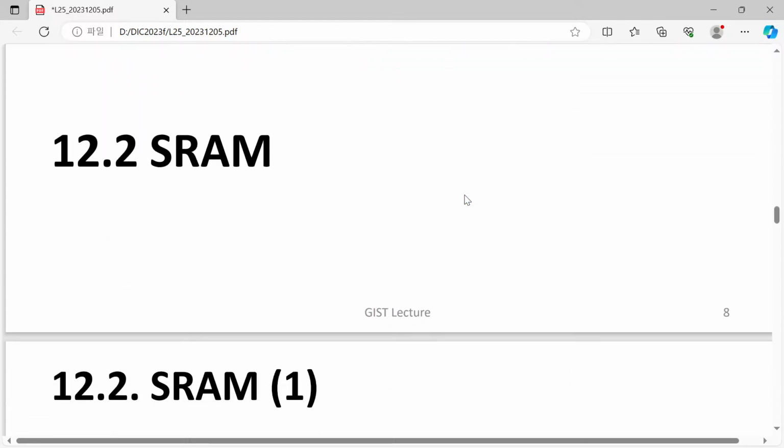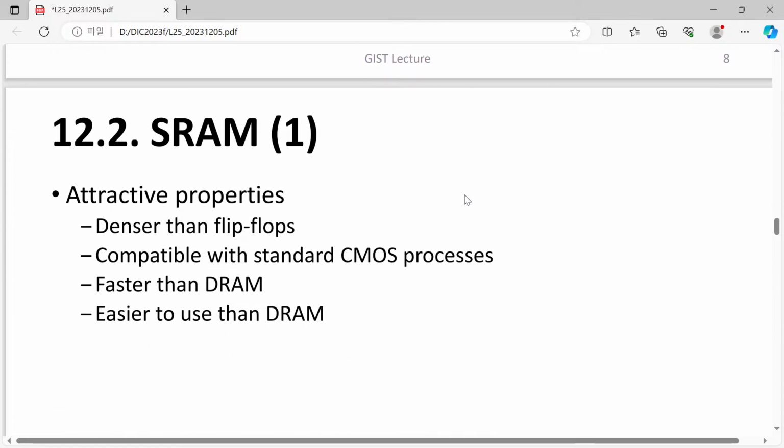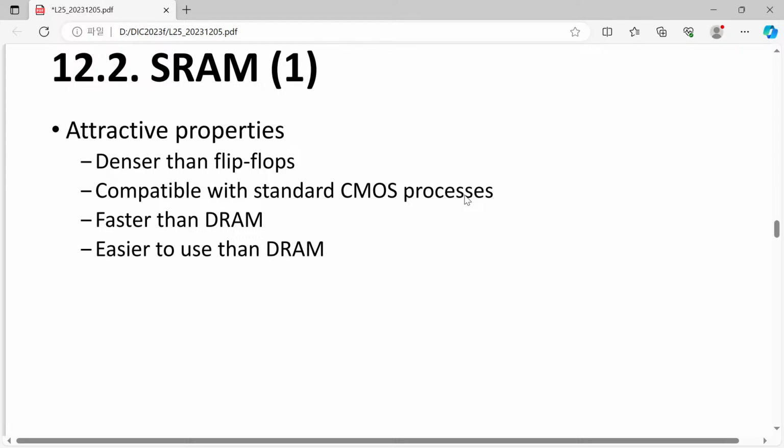Now let's consider more specifically the SRAM. SRAM has many attractive properties, such as being denser than flip-flops. So what is a flip-flop? A flip-flop just keeps the data sensed at the leading edge, so you can use the flip-flop as a memory.